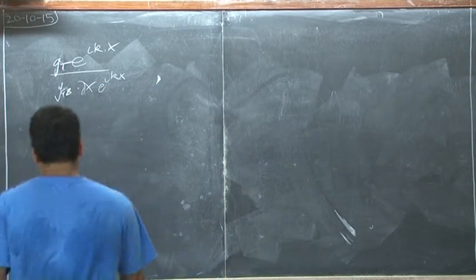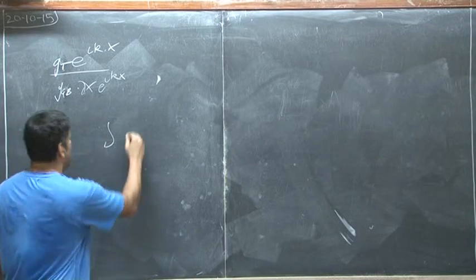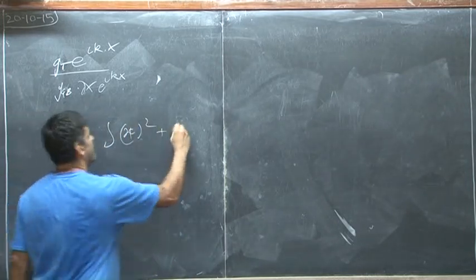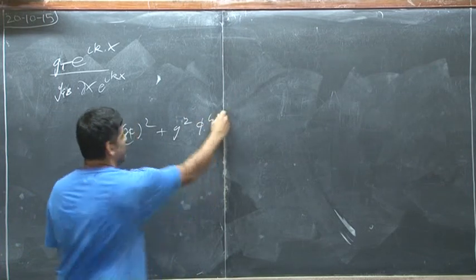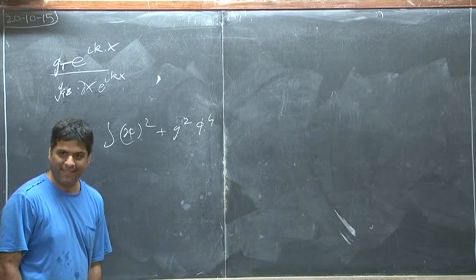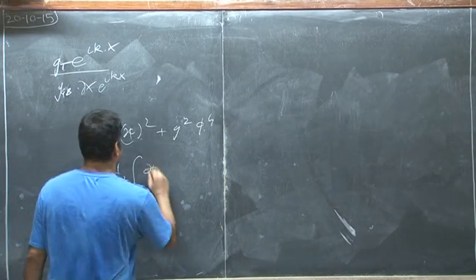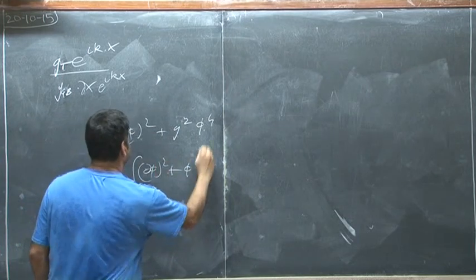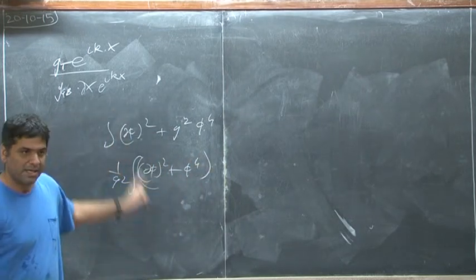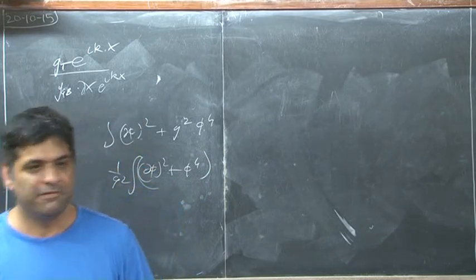For instance, if you're doing scattering in phi to the 4 theory, one natural normalization is to work with this. The other natural normalization is to work with this, which is related to this by a scaling of the phi field. Phi goes to G times phi.